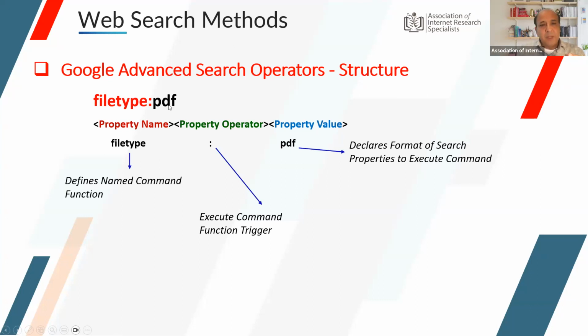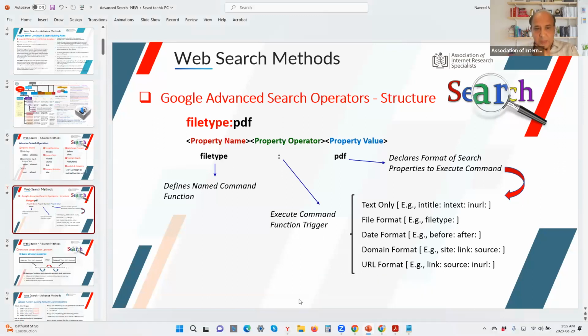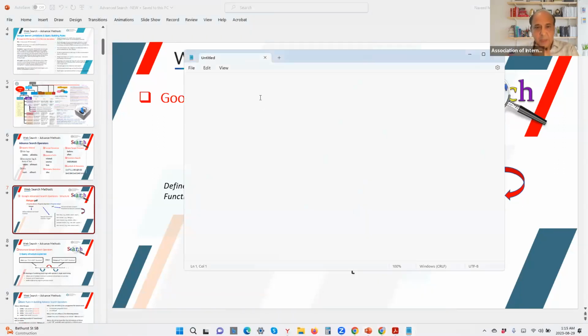So PDF is a declared property value, whereas file type is called a property name. So whatever is declared after the colon has to be equal to, or has to be a value which is given by the word file type, to whatever is declared as, in this case, the word PDF. Okay. So a few things we will learn about the structure.